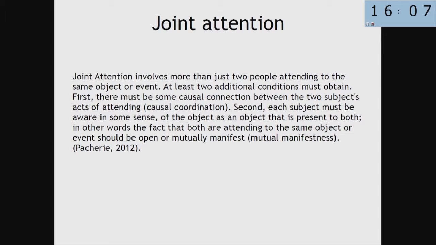And the second one is that each subject must be aware of the object as an object that is present to both agents. In other words, the fact that both are attending to the same object or event should be open or mutually manifest, and that is mutual manifestness.